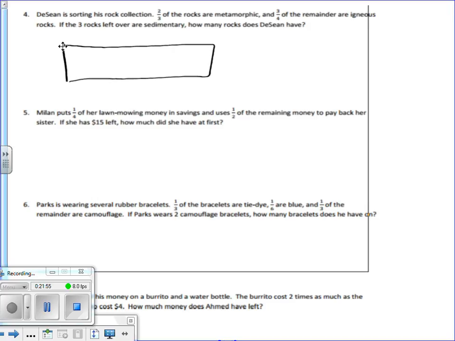So that tells me right there how many sections we need. Well, we'll go ahead and just do 3. 2 out of the 3 sets of rocks are metamorphic. This right here, these are metamorphic.